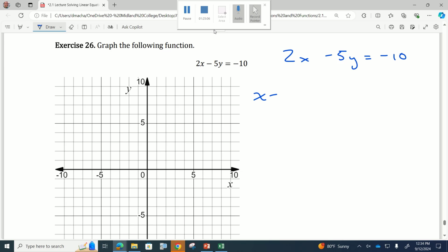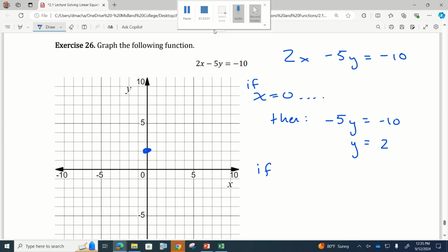Alternatively, you could say, if x equals 0, then the equation becomes negative 5y equals negative 10. And therefore, y must be 2. So if x is 0, y is 2.